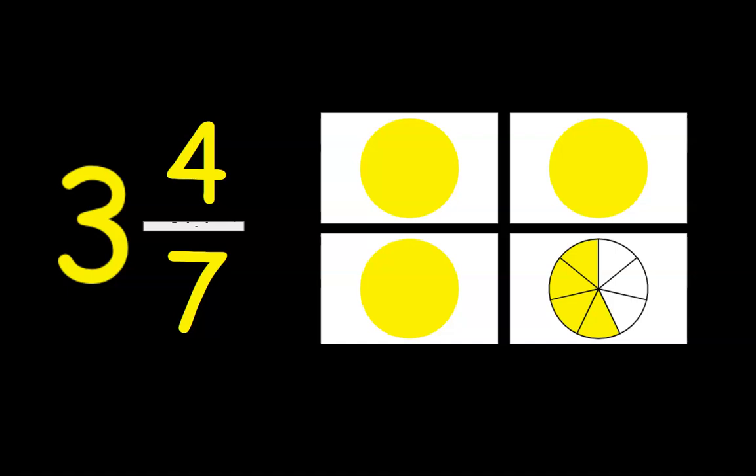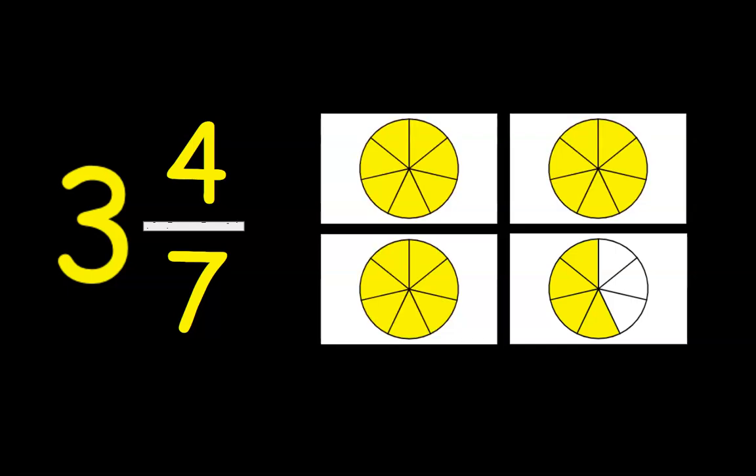What are we going to cut them up into? 7ths. Here we go. Well, now we need to count up. How many sevenths do we have? Well, I have 7 here, 7 here, 7 here. Isn't it kind of like 3 times 7? And then 4 here.